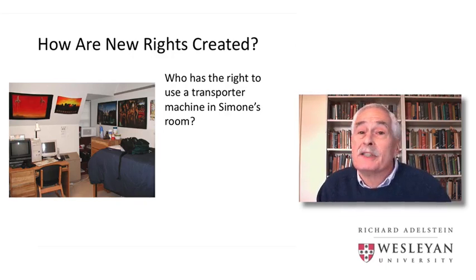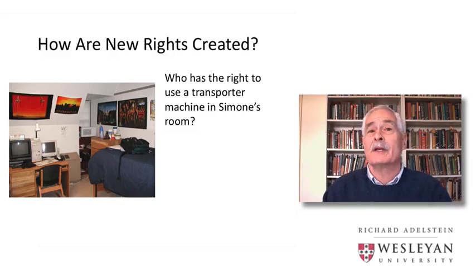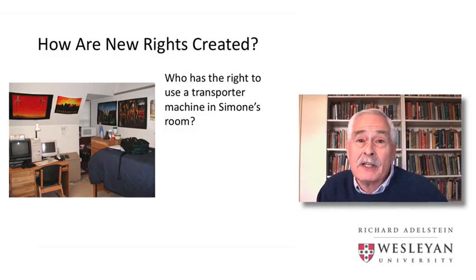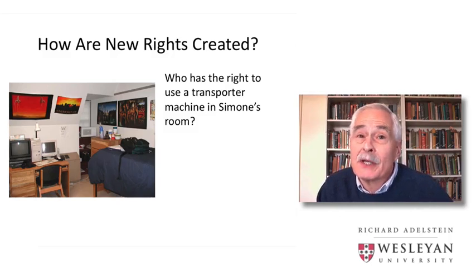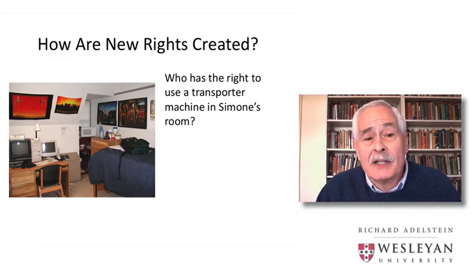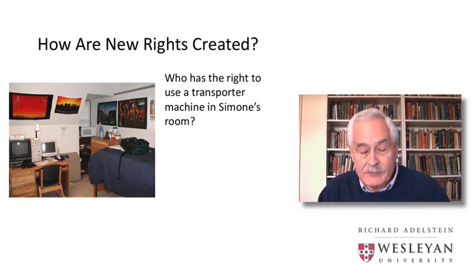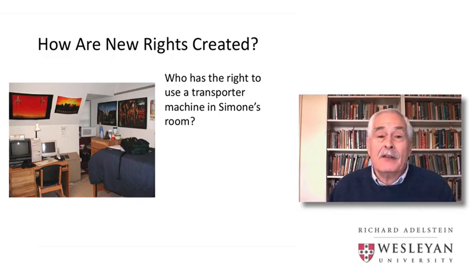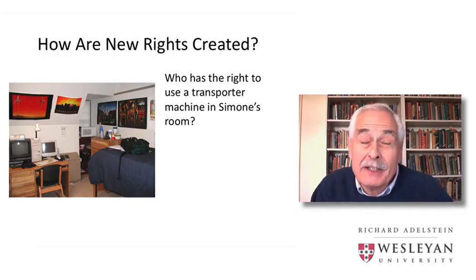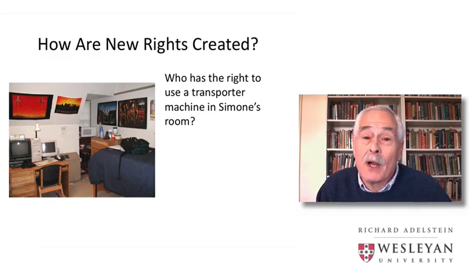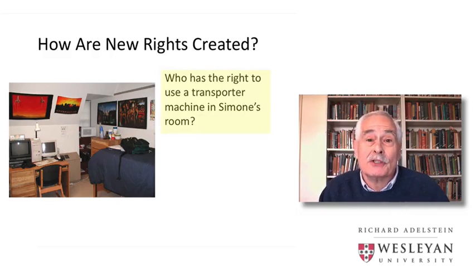But they too may say, "No, sir, we don't want to submit to this. We expect to be able to use our room in the way that we contracted with Mike to use the room. We expect to be able to study, and Simone, by using the transporter machine, has made it impossible for us to do so." And so what will happen? They'll have to get somebody to say who has the right to use the transporter machine.